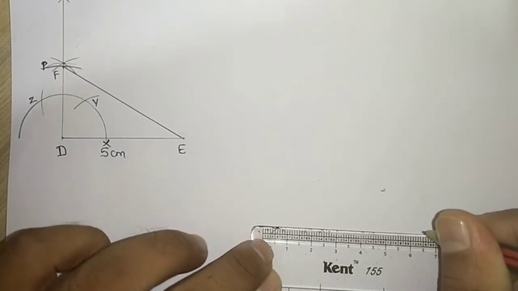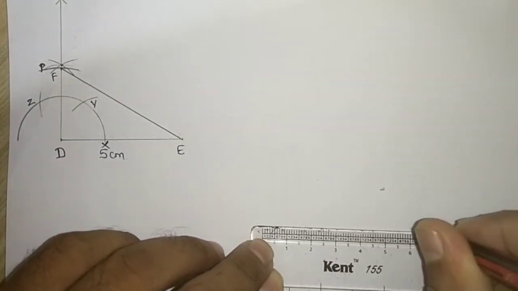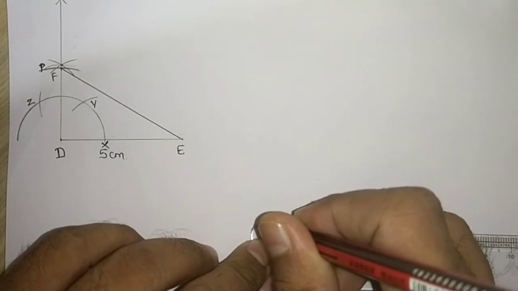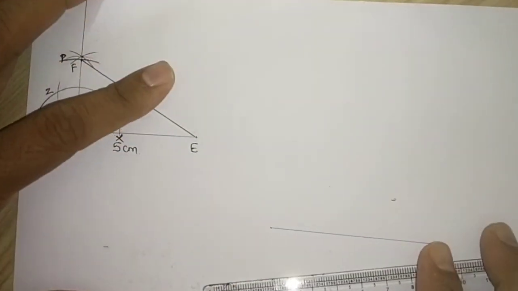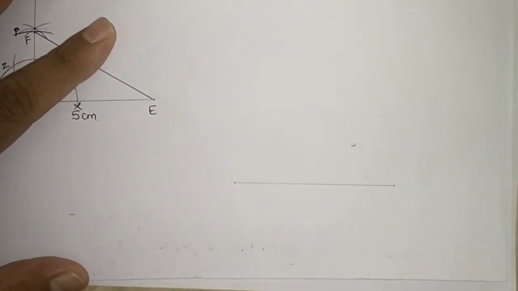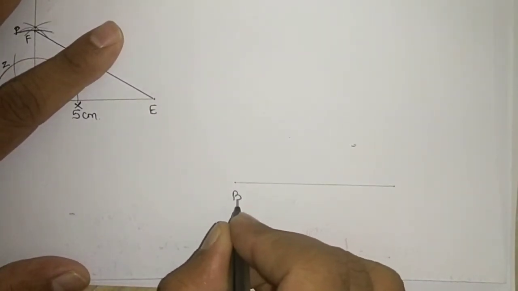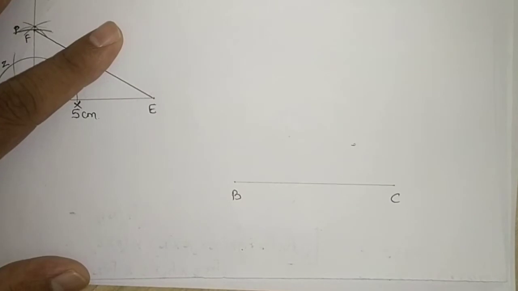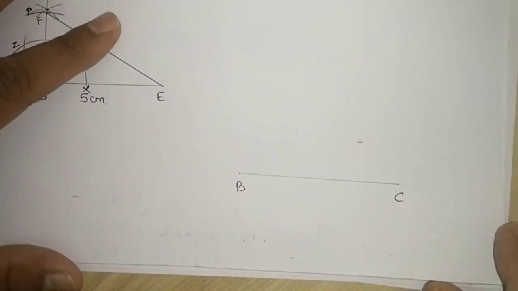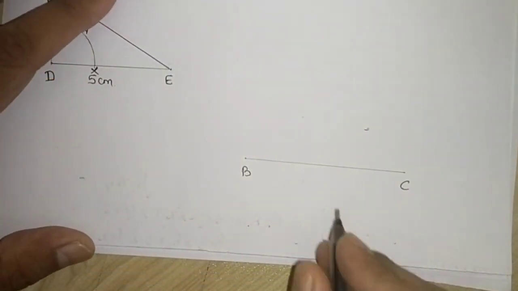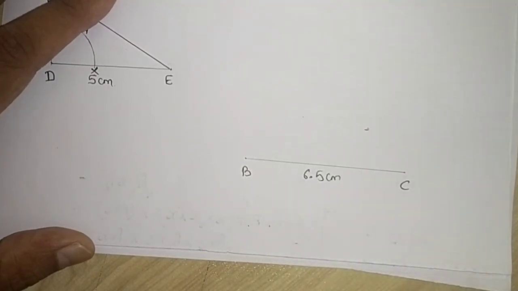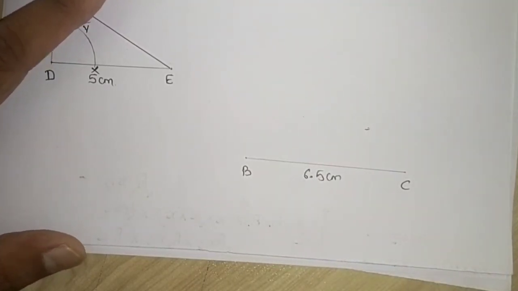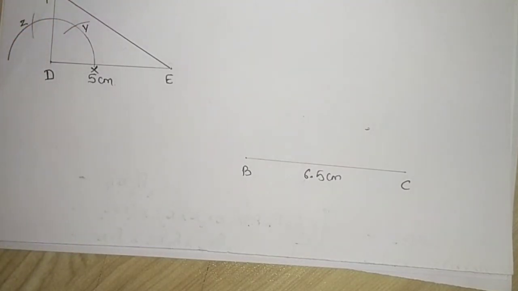This is 6.5, starting from here till 0. This is our BC. Draw BC is equal to 6.5 centimeter. You are supposed to write steps of construction also. So you will say draw BC is equal to 6.5 centimeter.